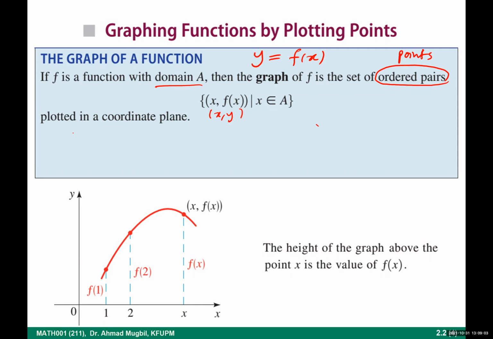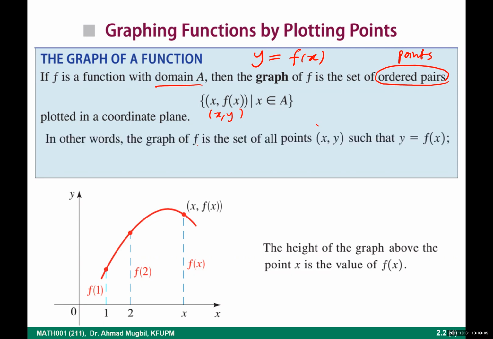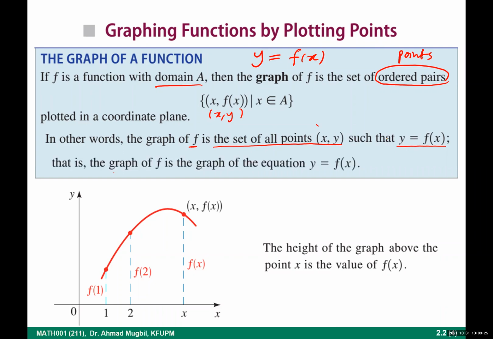In other words, the graph of the function f is the set of all the points x and y such that y equals f of x, satisfies the equation. And of course, you can also think about it simply: if your function is represented as an equation, then the graph of the function will be the graph of the equation.